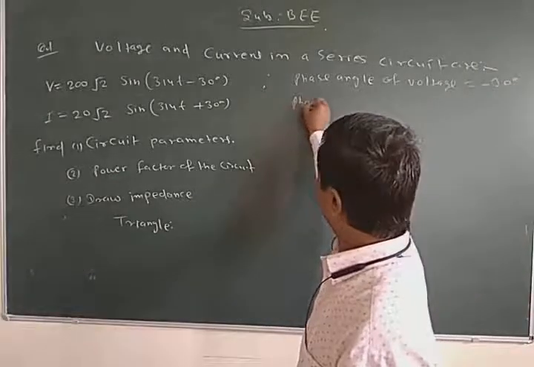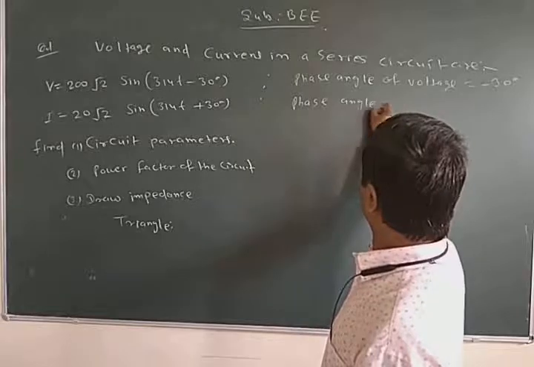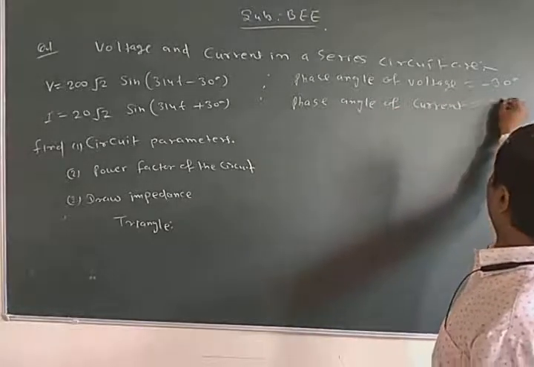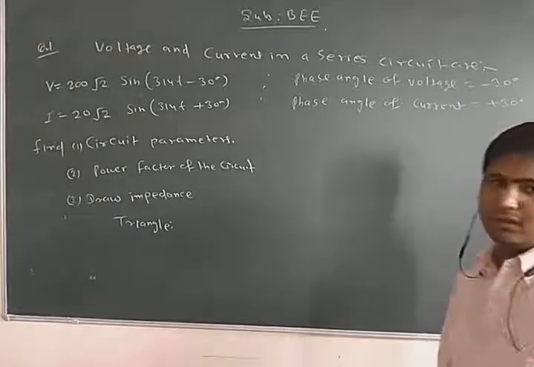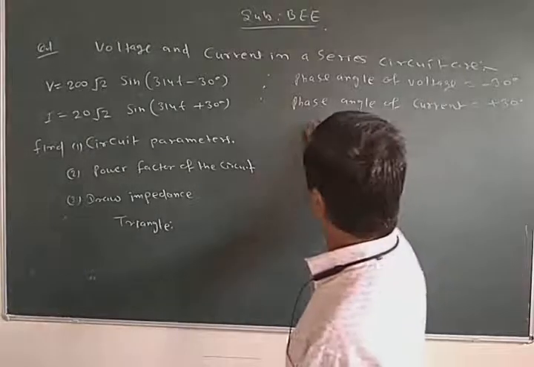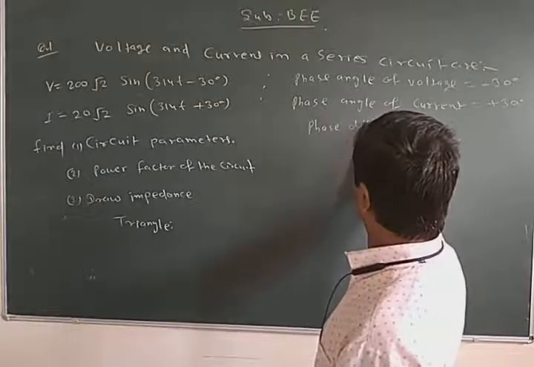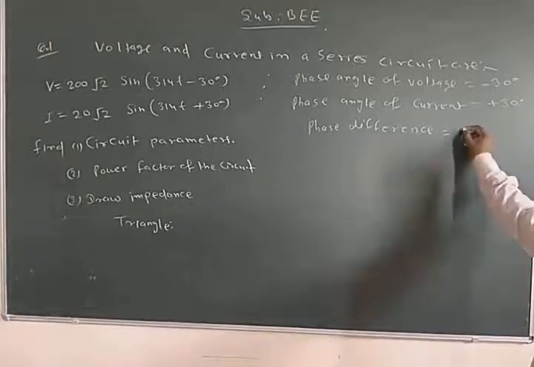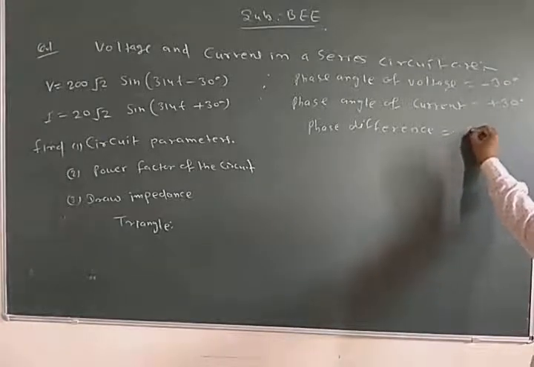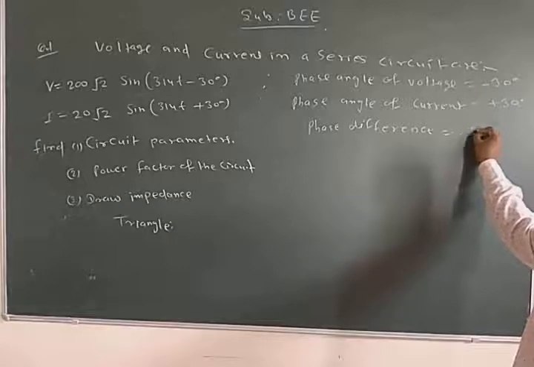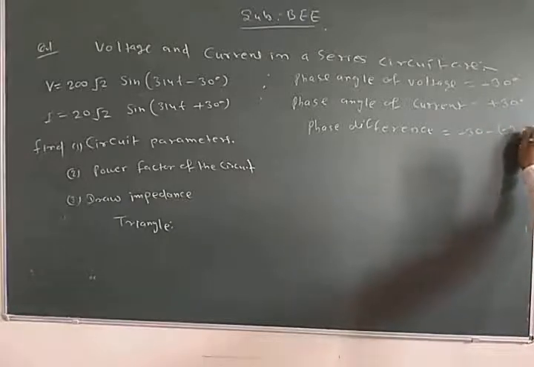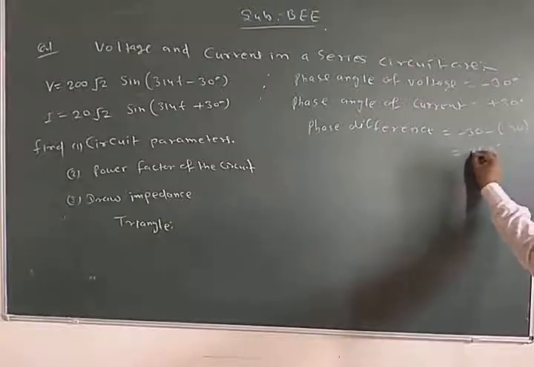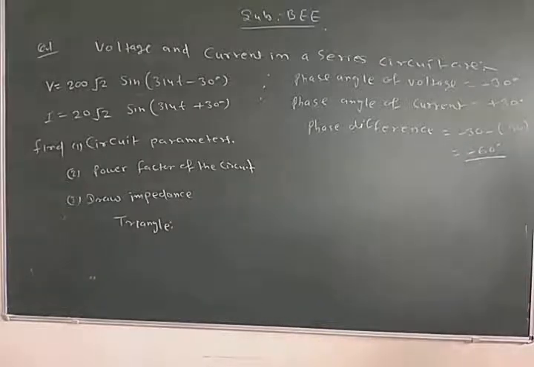Phase angle of current is equal to plus 30 degree. Phase difference is minus 30 minus plus 30, it becomes minus 60 degree. So here phase difference is minus 60 degree.